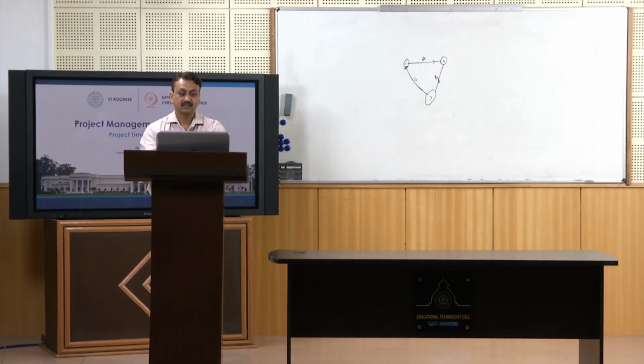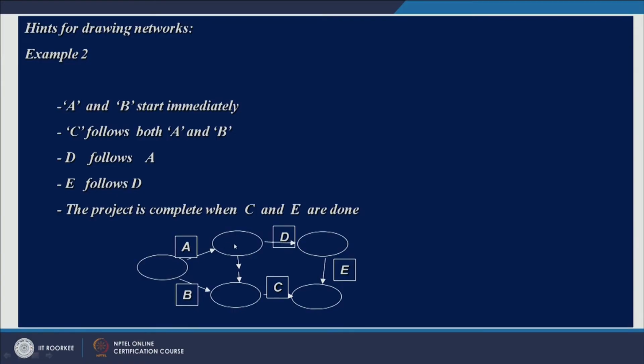A and B start immediately, so they are starting simultaneously. C follows both A and B, just see, this is C which is following A and B. Since you cannot draw a network from here to here and here to here, because that would be a violation of a rule, you should use a dummy activity here.